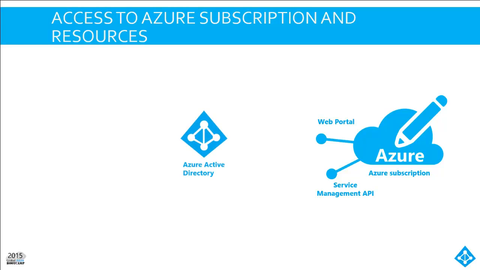Believe it or not, or you may not have known until today, all the access to Azure resources is protected by Azure Active Directory. Azure Active Directory takes care of authenticating and authorizing access to the web portal and to the service management APIs.